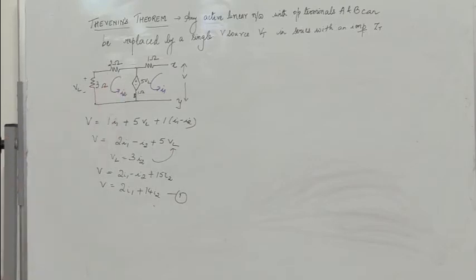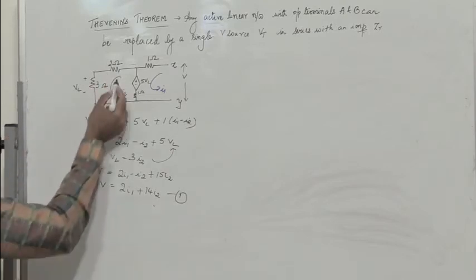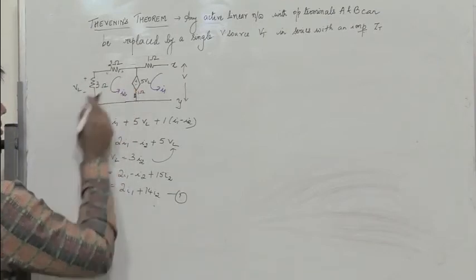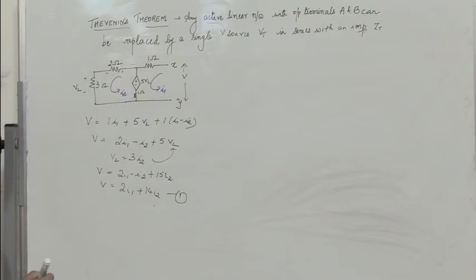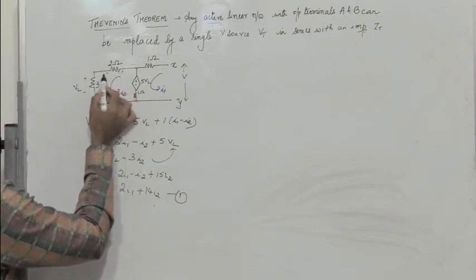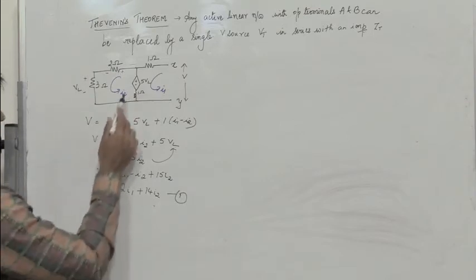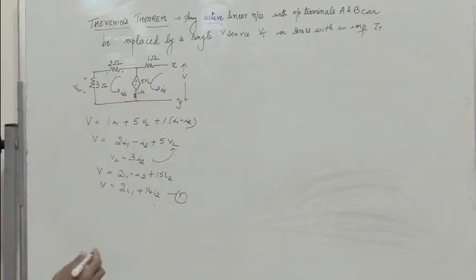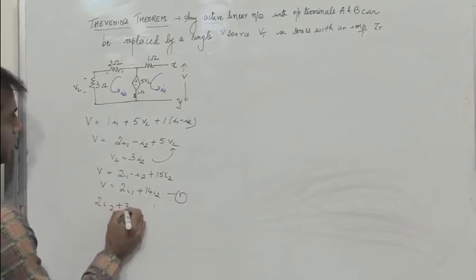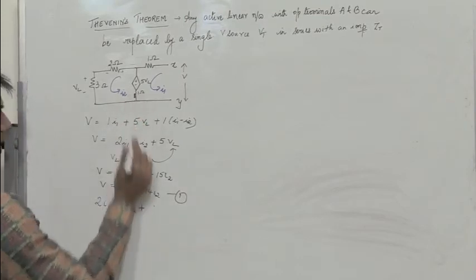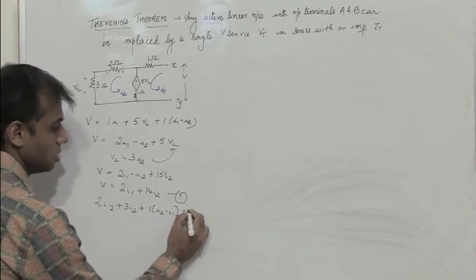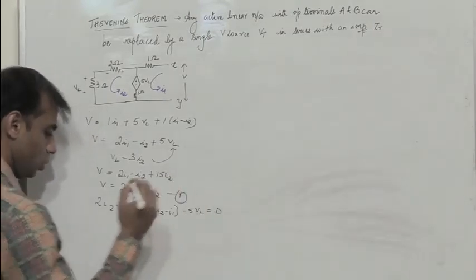Now considering the second loop, writing KVL here, the total drop in the entire second loop is 0. So let me consider the current flow from plus to minus as positive, whereas minus to plus is negative. So we have 2 into I2 plus 3 into I2 plus 1 into I2 minus I1 minus 5VL equal to 0.